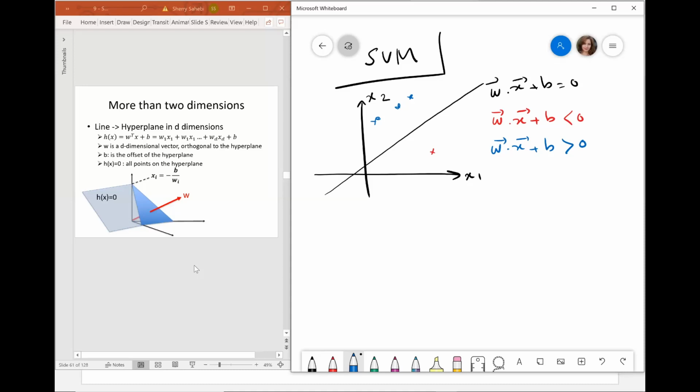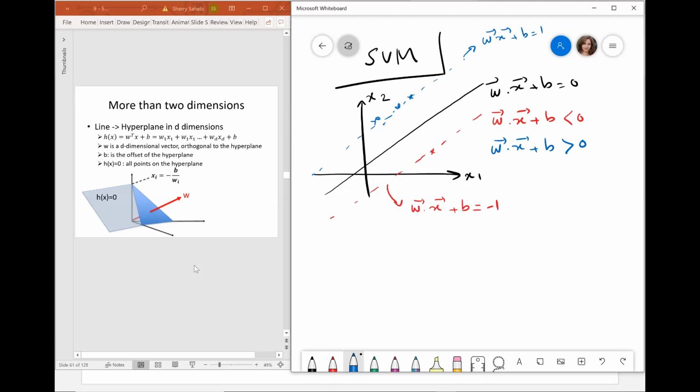We also have learned that we can have parallel lines to our separator line like this. So for example, we can have two parallel lines, and for the red one, all the points on the red line have this kind of equation, wx plus b, for example, is equal to -1, and if the blue one has the same distance from the black line, then we have wx plus b is equal to 1.